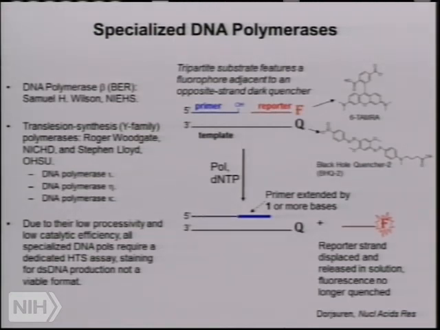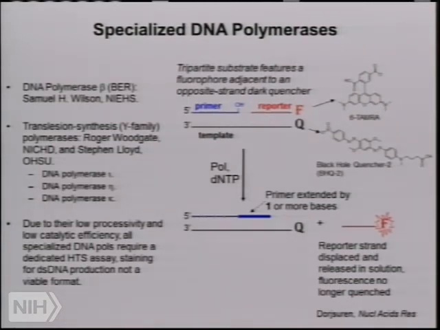We had a primer shown here in blue, a template strand labeled at the end with a quencher moiety shown here. Downstream of the primer, we had a reporter oligo piece labeled with a fluorophore.